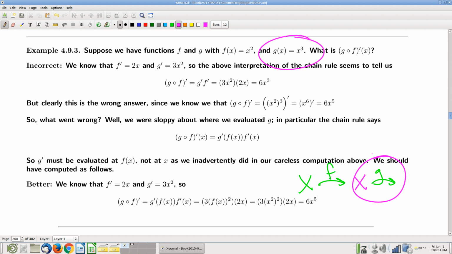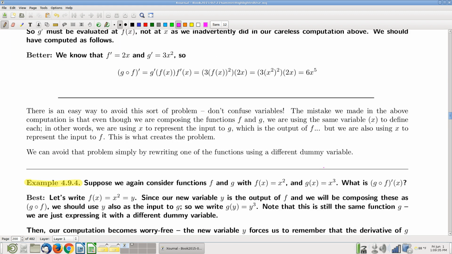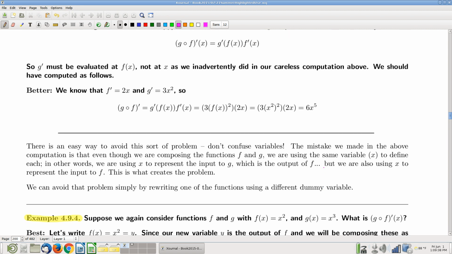So I'm using the same variable to represent the inputs for these two different functions, which I am composing, which means that, in effect, I'm giving the same name to the output from f as the input to f. That's super gauche, right? This is highly confusing. That's the source of the confusion up here that causes us to get a wrong answer when we're a little too careless. So my proposal is just don't confuse variables. This is called confusion of variables. Let's just not do that. So here's the way around it.